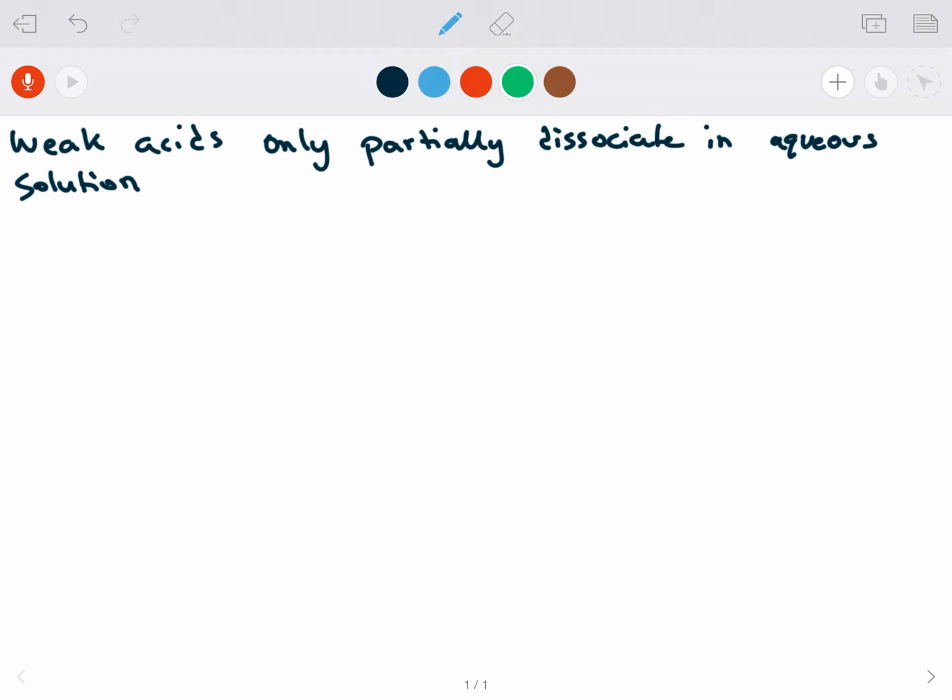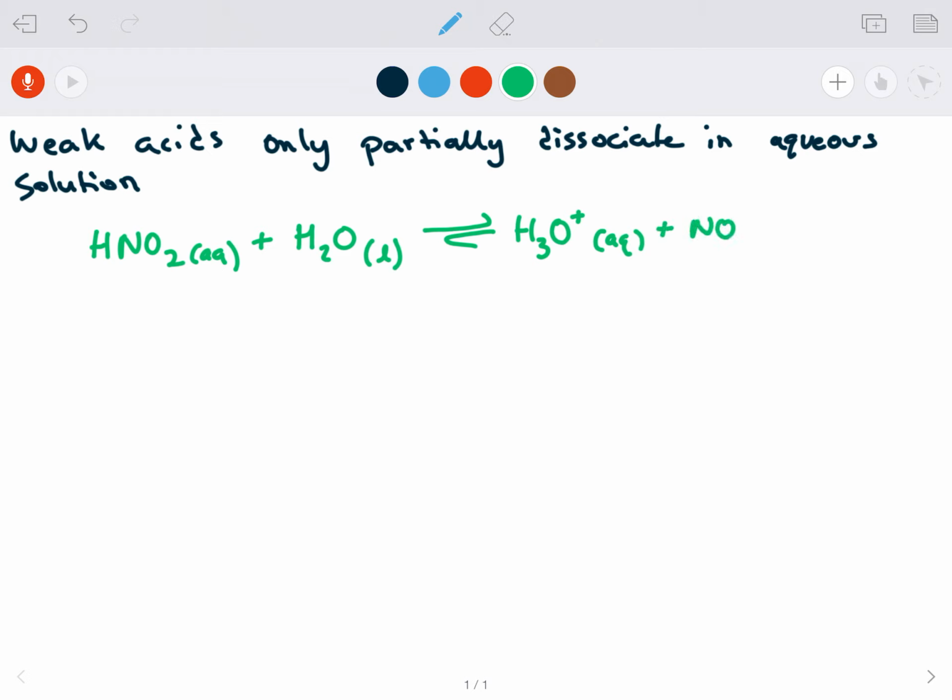So an example, HNO2 aqueous plus H2O liquid is in equilibrium with H3O plus and then NO2 minus. Because this is equilibrium, we can write out an equilibrium expression just like we would for any other equilibrium.